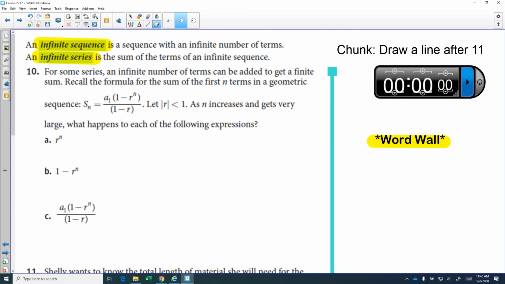To do this, we have to understand what we are given and what's actually happening. They give us this prompt right here. We have our series equation, and they're telling us that the ratio is less than 1.